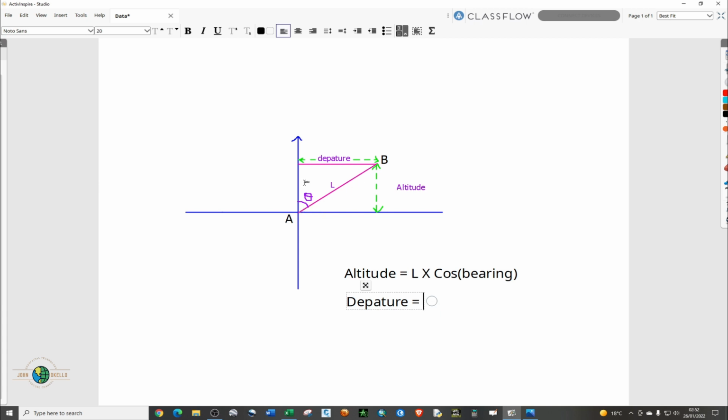What we want to calculate is departure, and if you look at this diagram, departure is actually opposite, on the opposite side of this angle. So that's opposite and hypotenuse, and automatically if you did some trigonometry, you have this simple formula.